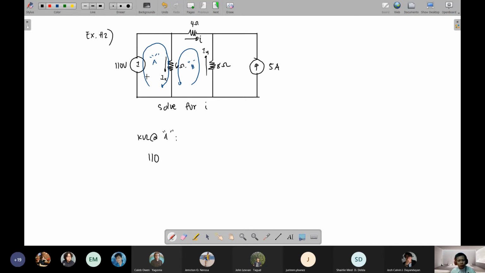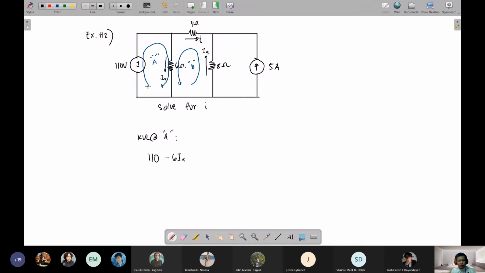Then the loop flows through the 6 ohm resistor going down, and Ix is also going down, so the voltage is negative: negative 6 Ix.